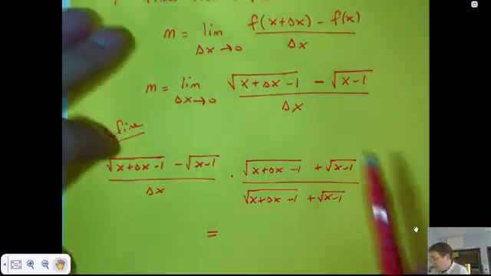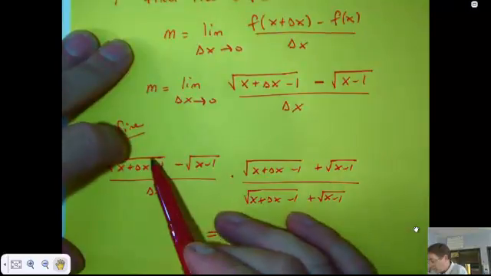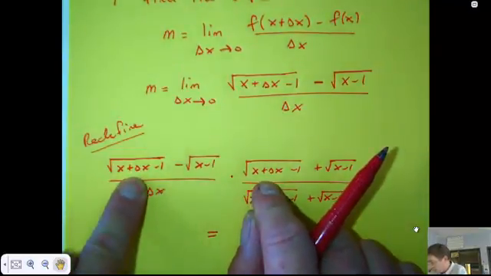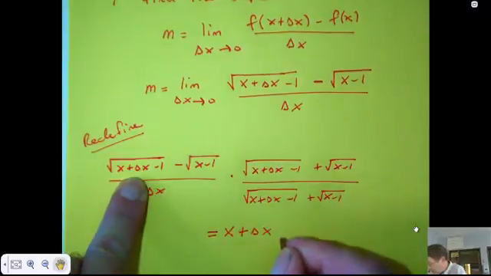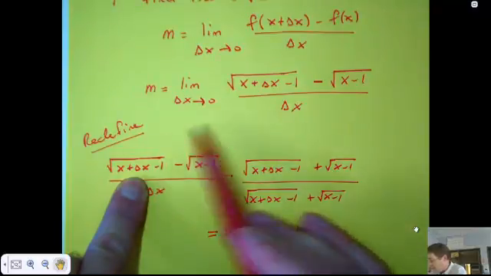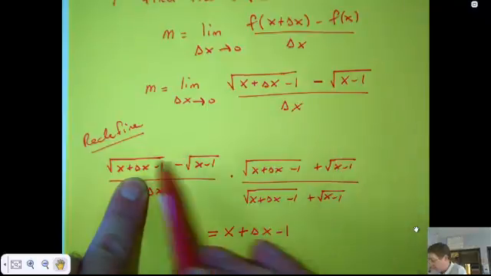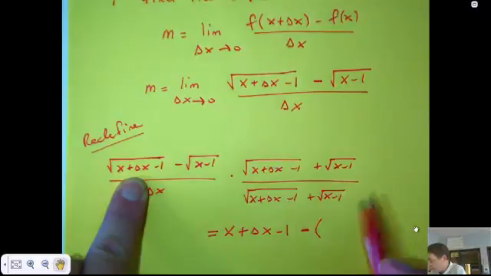Okay, so on top, right, when I FOIL this together, what happens on the very first term? It'd be x plus delta x minus 1. Now the outside and inside will cancel, right? The middle terms, because I have a positive and negative. And the last term is going to be what?